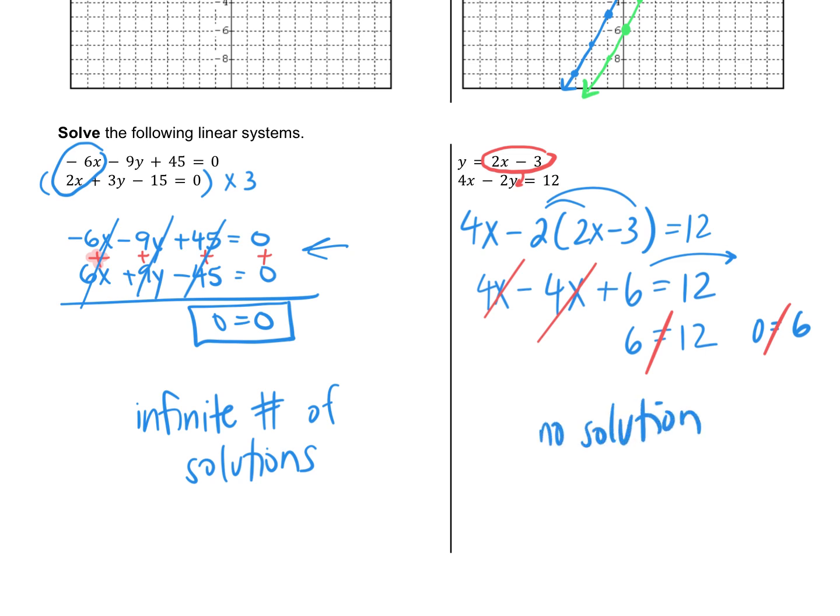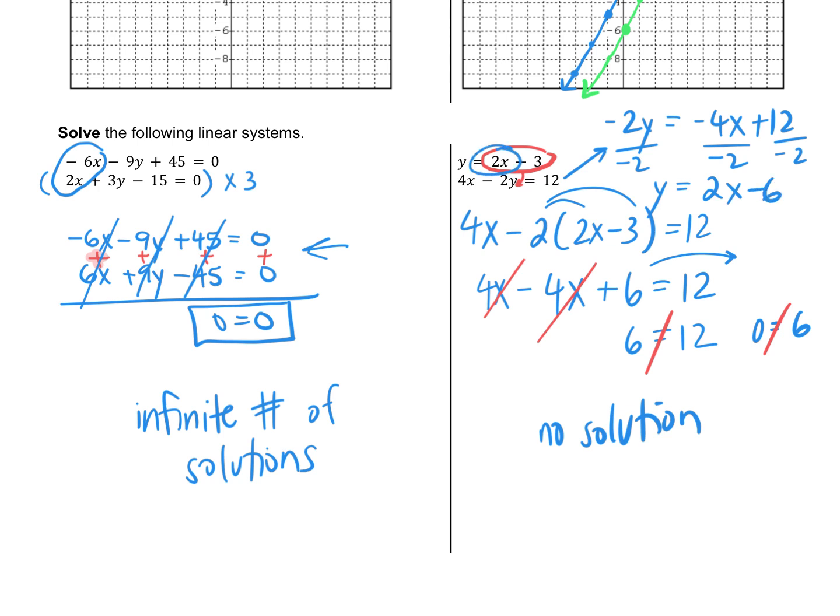Now, another piece of evidence here. Maybe you don't believe me. Let's take this second equation and rearrange it in y equals mx plus b. So I'm going to bring the 4x over, and now I'll divide everything by negative 2. And when I do, I get y equals 2x minus 6.